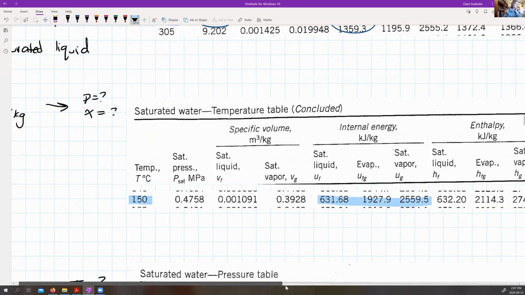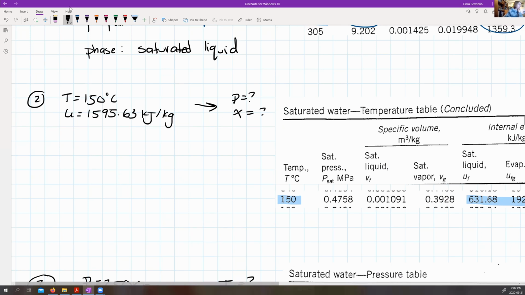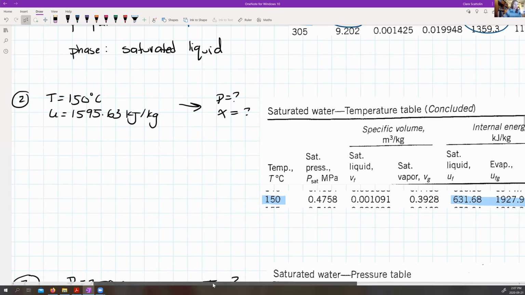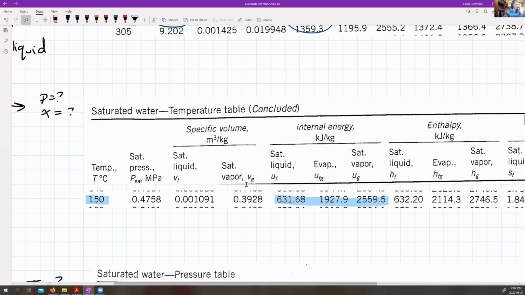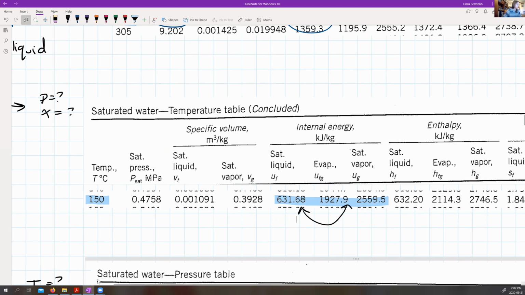What you're going to see is that U is between UF and UG. UF for liquid, UG for vapor. The value of U which I was given, which is 1,595, is between these two values, okay?